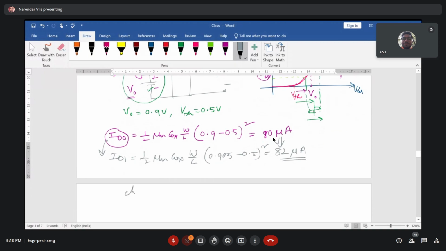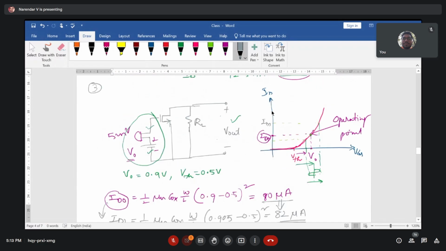Okay, 2 microampere current is there. So change in your ID is equal to 2 microampere. At DC point, you are going to have 80 microampere of current. With DC and analog signal, you have 82 microampere of current, right? So the current that you are trying to notice here is this ID current because of this analog signal, which is of 2 microampere.